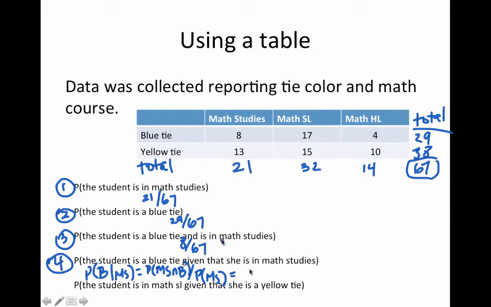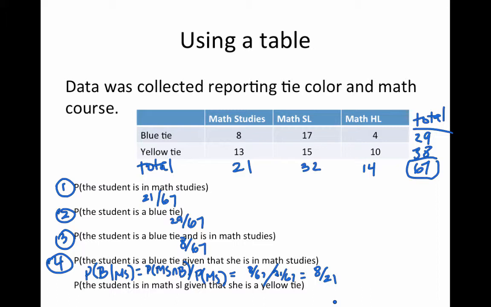I would get blue tie and math studies is 8/67. And then the probability that a student is in math studies would be 21/67. And so those 67s cancel, and I would be left with 8/21. So that's how you would find the given probability with the formula.